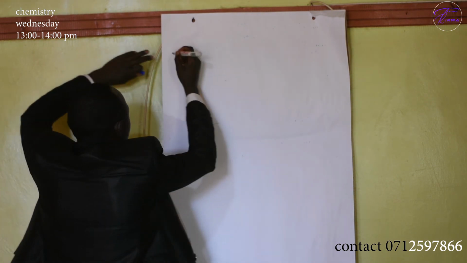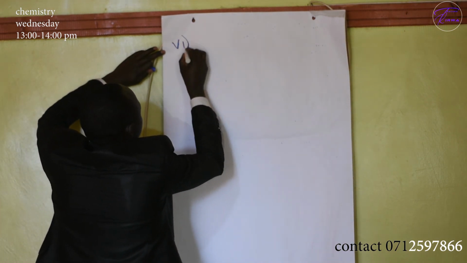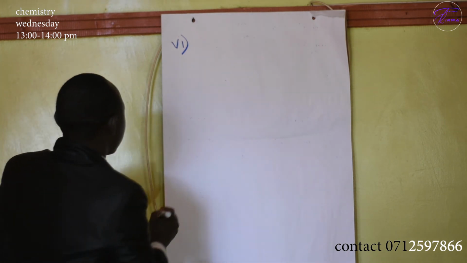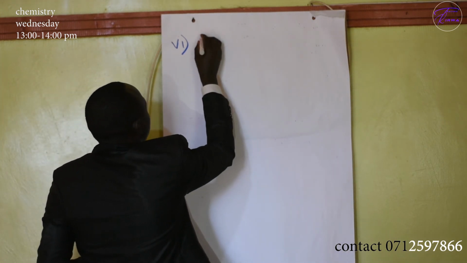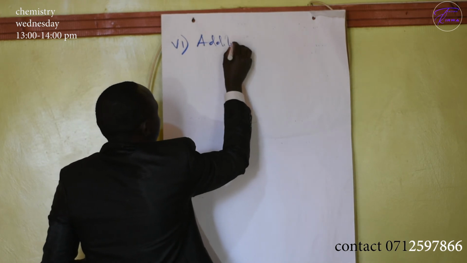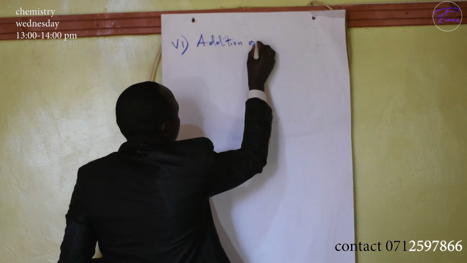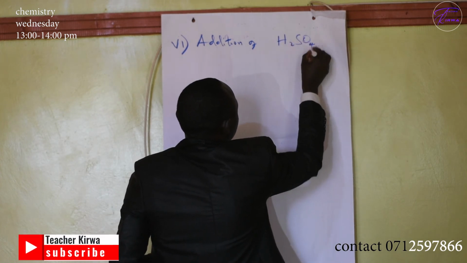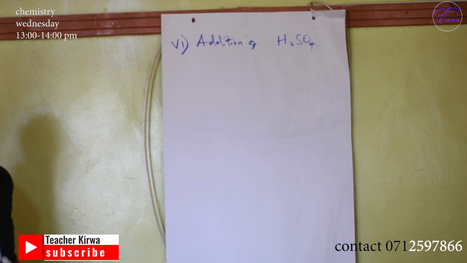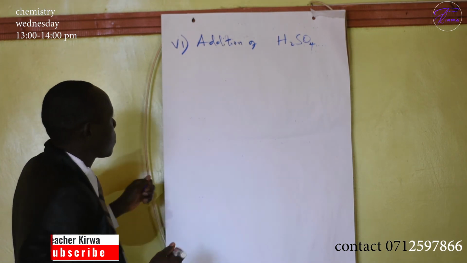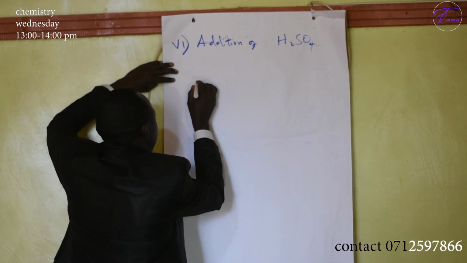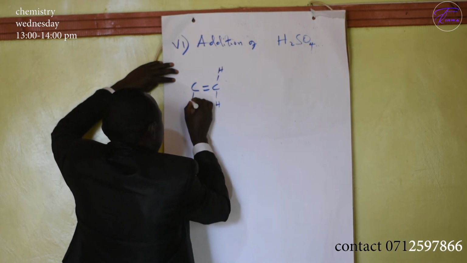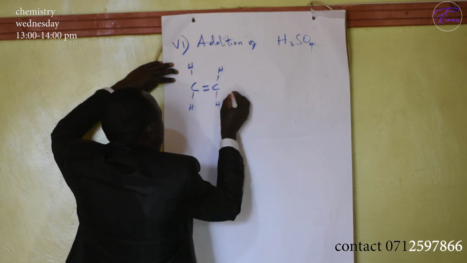Number 6, our last one for today for now, is addition of sulfuric(VI) acid. We have 2 steps here. So you have our ethene there.